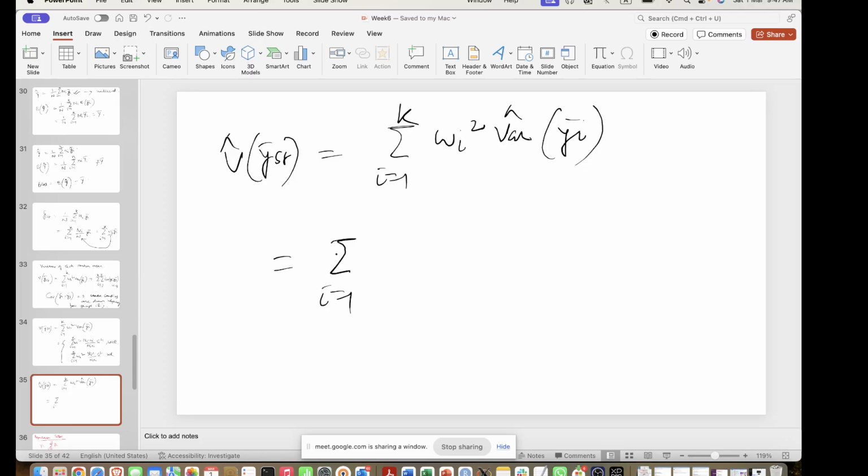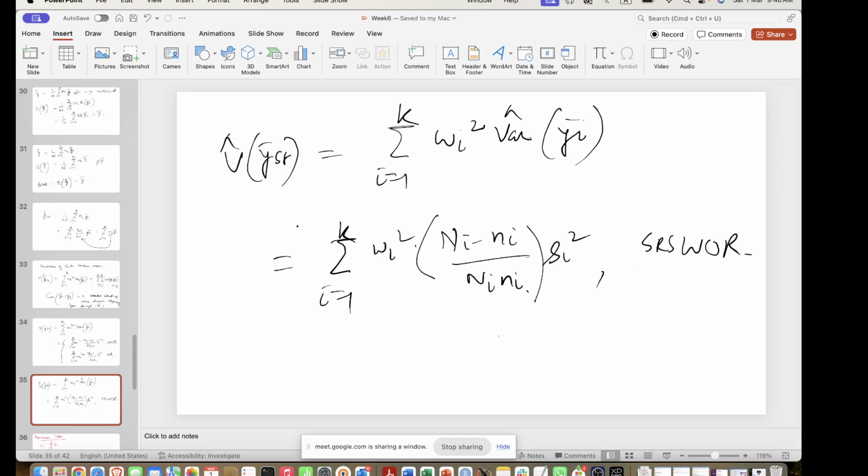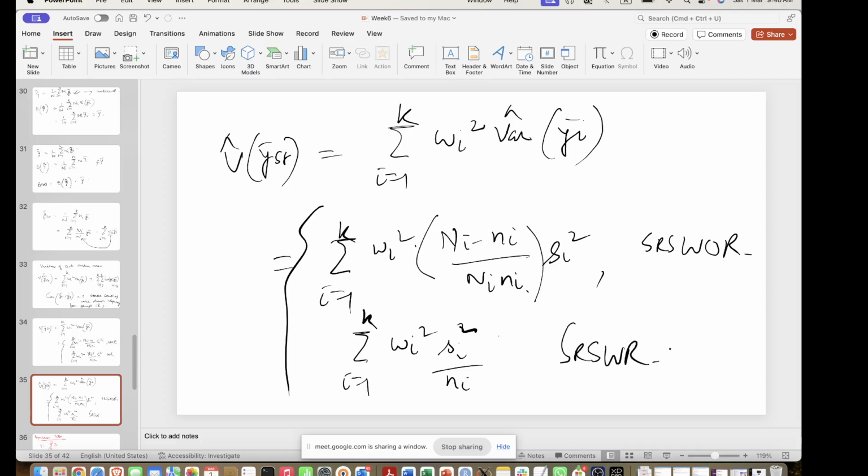So this would be summation wi square, Ni minus ni by Ni, si square by ni if it is SRSWOR, whereas this will be summation wi square si square by ni if it is SRSWR.